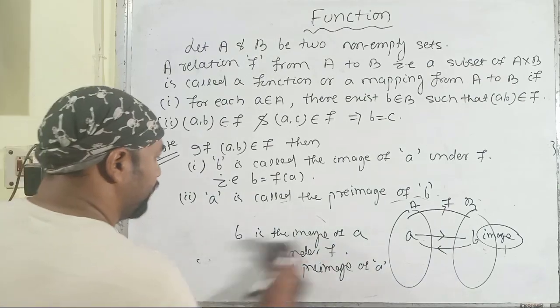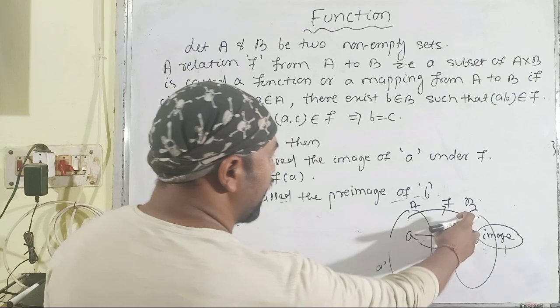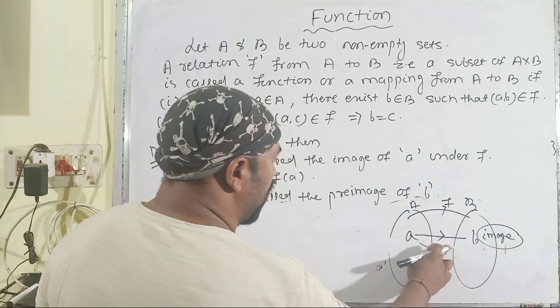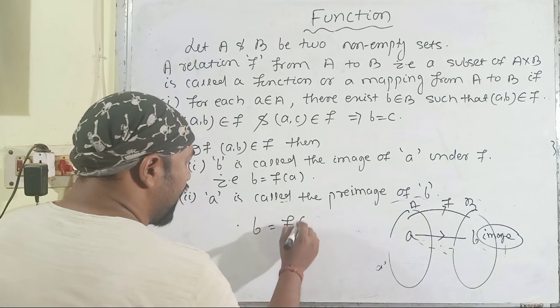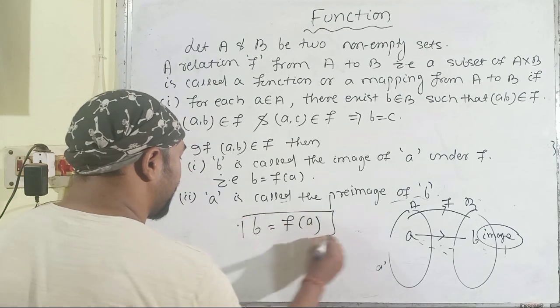So again, as b is the image of a under f, b is called f of a, and this is very important.